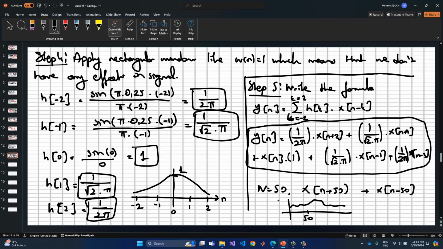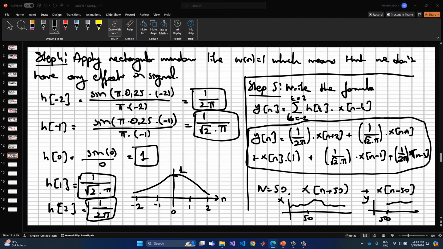If this is the x signal, these 50 values are not seen in here. The filtered signal begins at the 50th value. And so that's all for the FIR filter design.